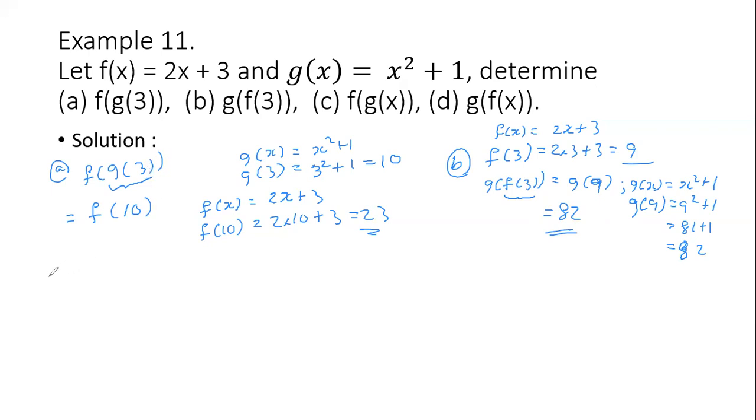Now, in part C, f is given as 2x plus 3. It's the same thing, but I'm writing it for your convenience. G is x squared plus 1.